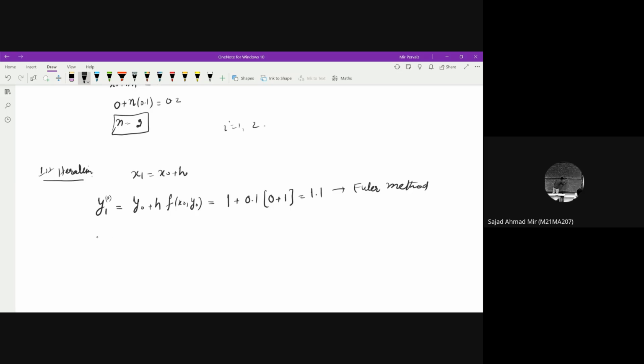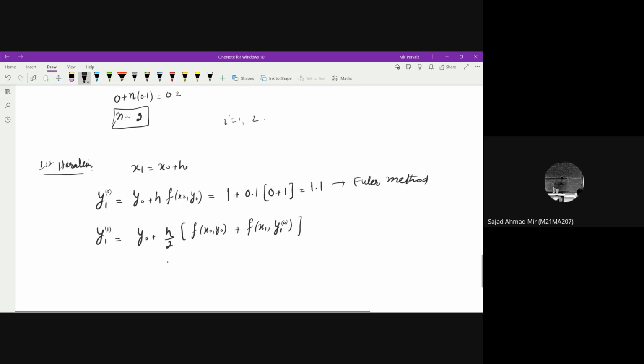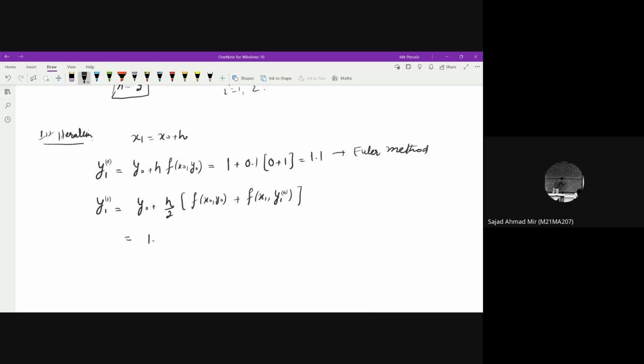Now you can use the modified Euler's method to increase the accuracy. This will be y0 plus h by 2 f of x0 y0 plus f of x1 and y1 zeroth. So with this, what will be your value? 1 plus 0.1 divided by 2, 1 plus 1.2.